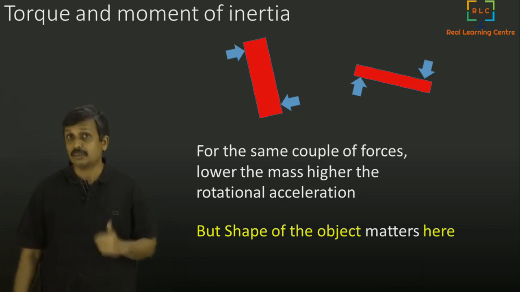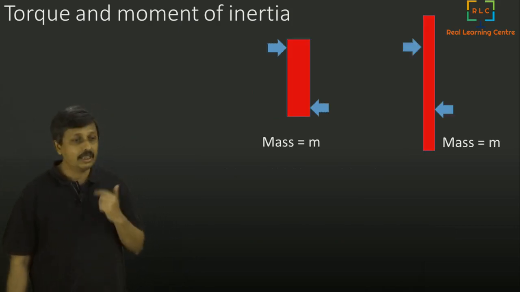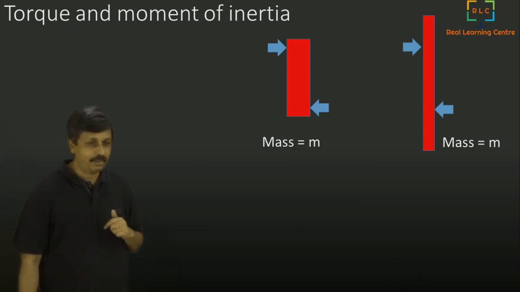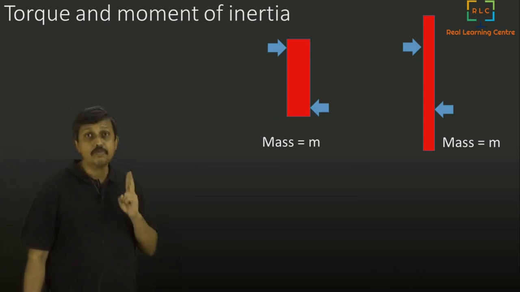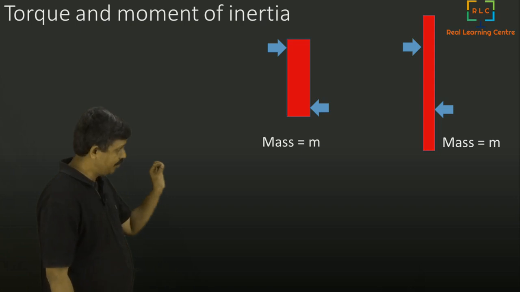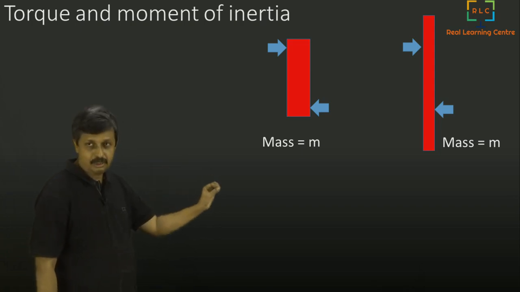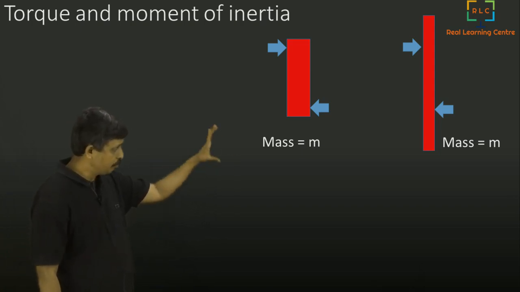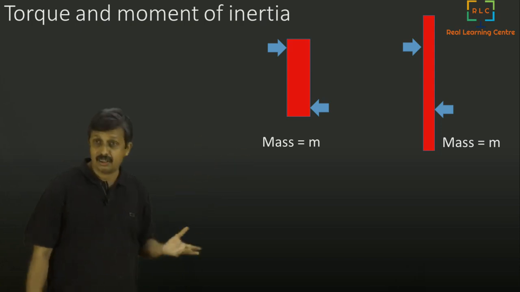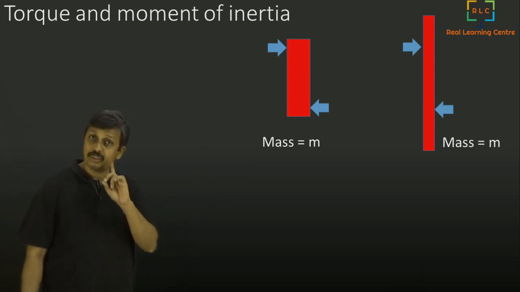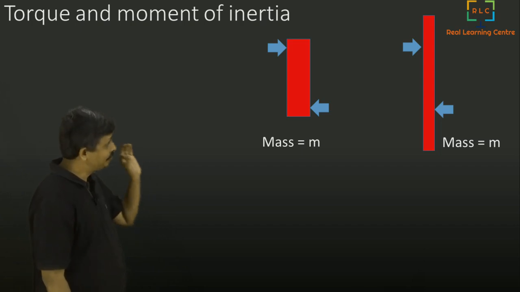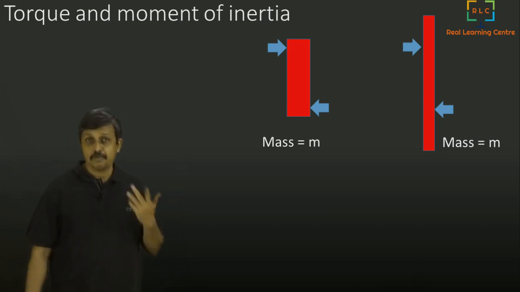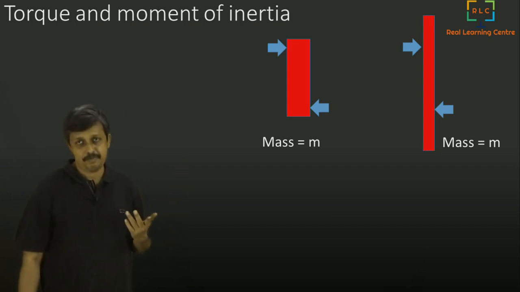Let's see how the shape of the object matters. Take this scenario: I'm going to have two masses which are exactly of the same mass, m. The first one is thicker and smaller. The second one is thinner and longer. But both have the same mass, and I'm applying the same couple of forces to them.